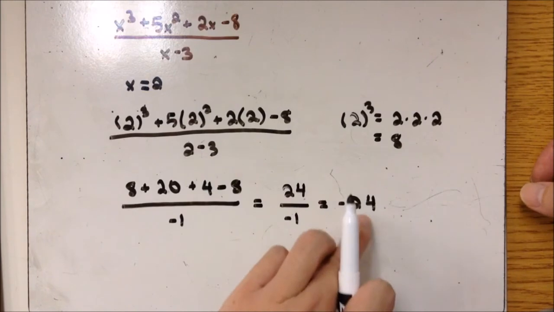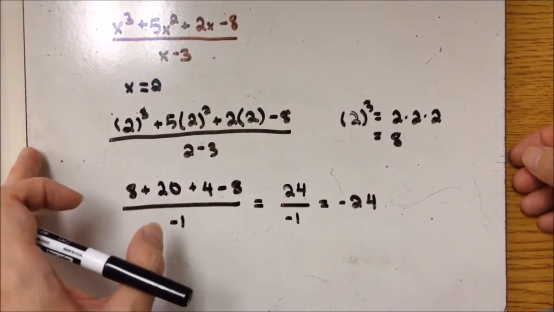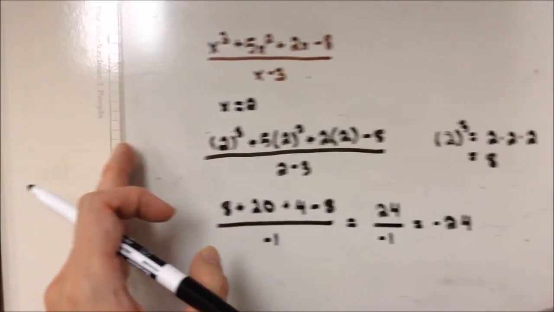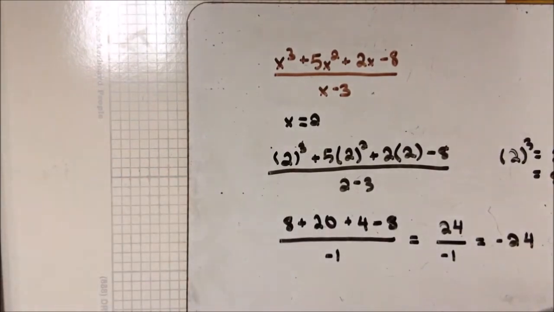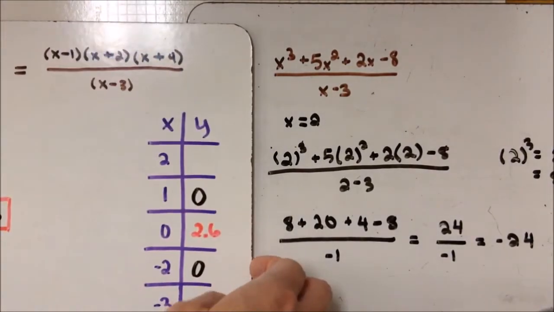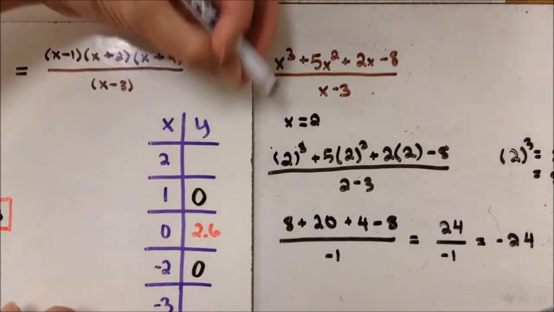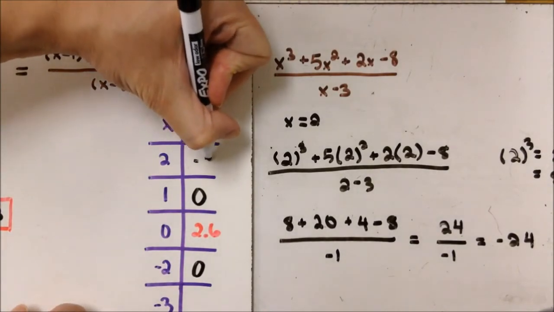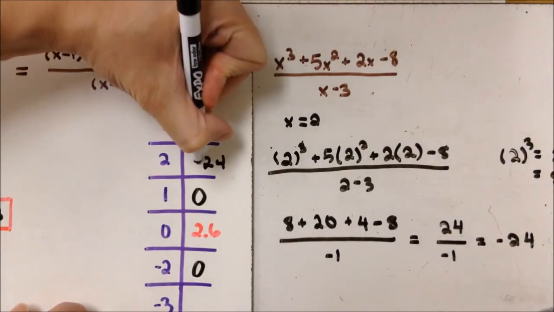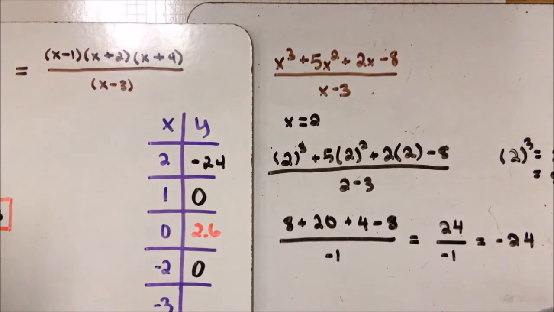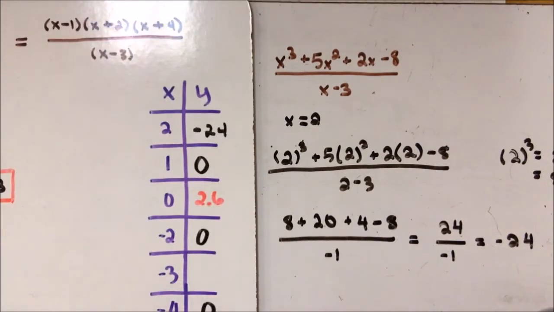So we got our y value when we plug in x equals 2. So here we're going to write negative 24. Now we're going to plug in negative 3. That's the only value we have left.